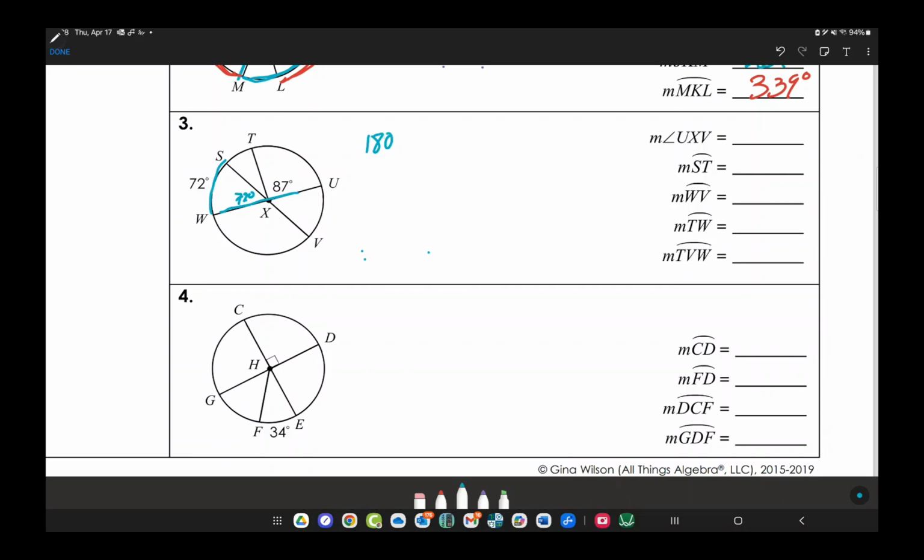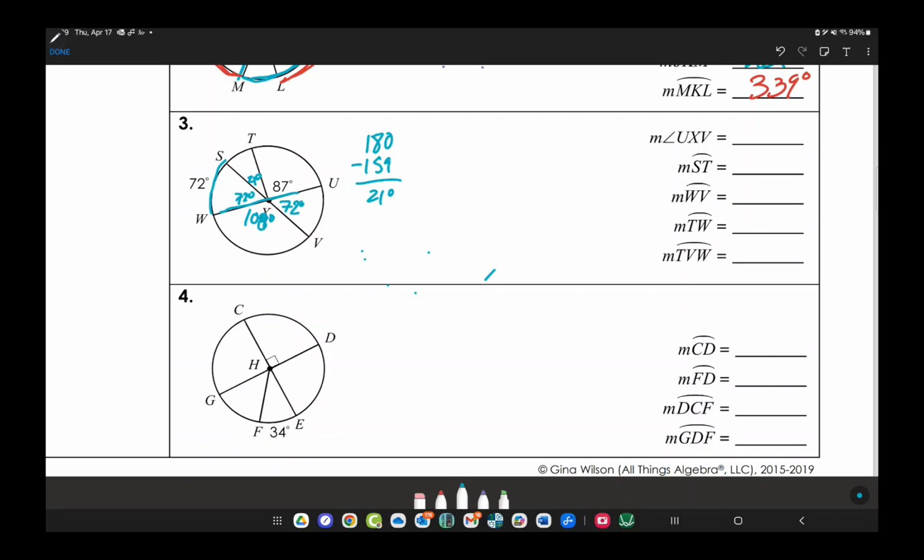So 180 minus 159 is 21 degrees. So vertical angles, if we add these together, we get 108 degrees. That makes 72.